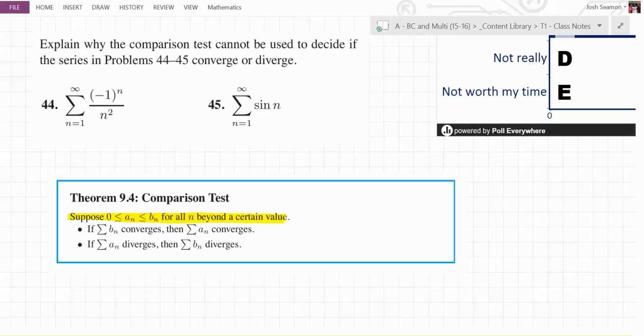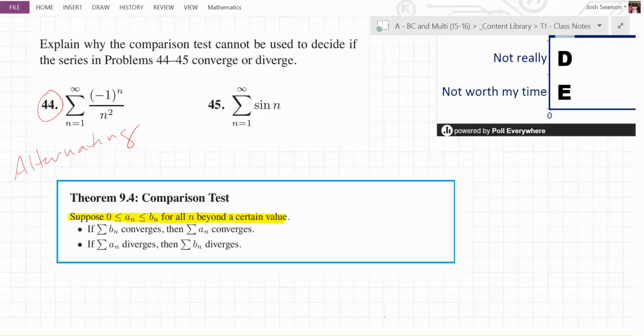So what type of series is 44? Alternating. Something negative. No matter how far you go, there's always going to be at least an infinite number of negative numbers after that point. So the comparison test only works when the sequence gets to a point eventually where it stays positive.